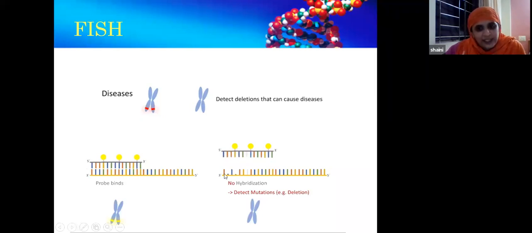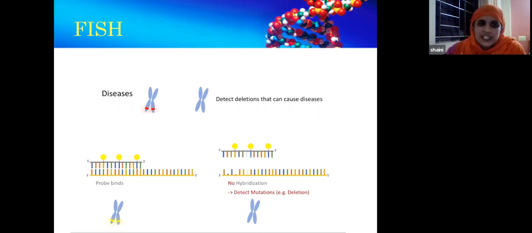On the other hand, if there is a deletion, the same DNA sequence has 2 to 3 nucleotides missing or deleted from this part of the DNA. So the probe will not come and bind, and hence there will be no fluorescence, and you can understand that there is a mutation in that particular DNA. It is a deletion mutation.